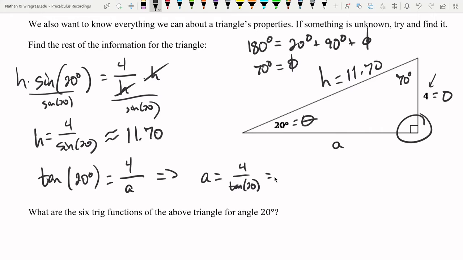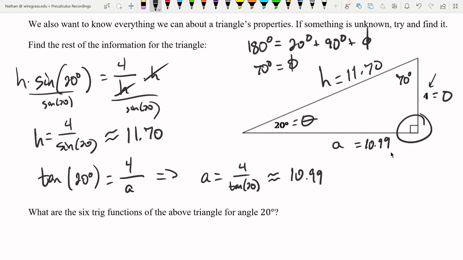And plugging that in my calculator, I get approximately 10.99. And now my triangle is solved because I have all the sides known and I have all the angles known.